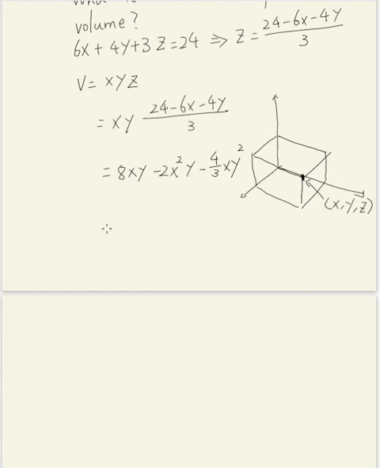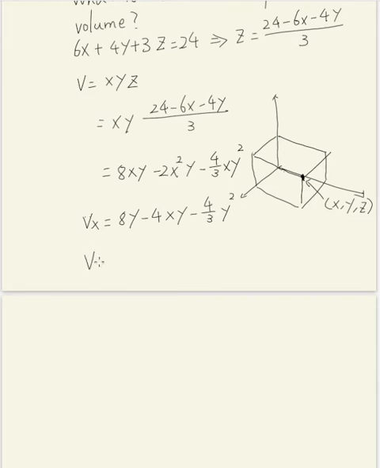Now since we're finding the largest volume, we are finding the relative maximum. And to find the relative maximum, we apply the first partial test, and we compute V partial x and V partial y. Now V partial x equals 8y minus 4xy minus 4 over 3 y squared.